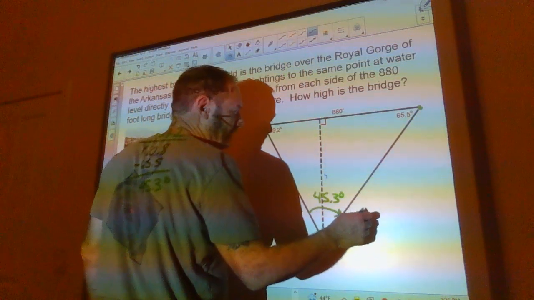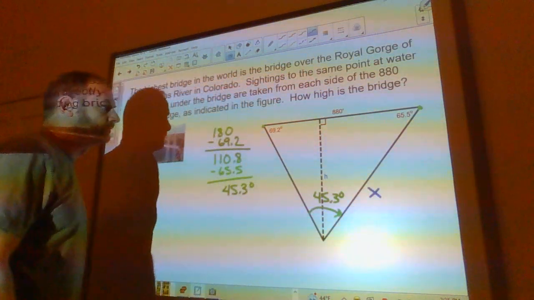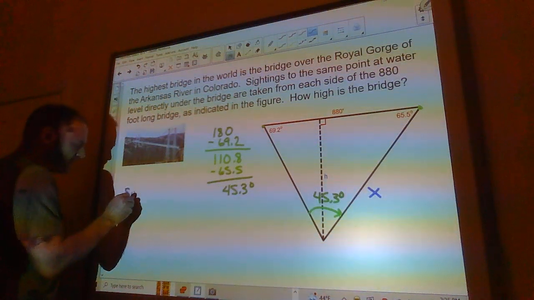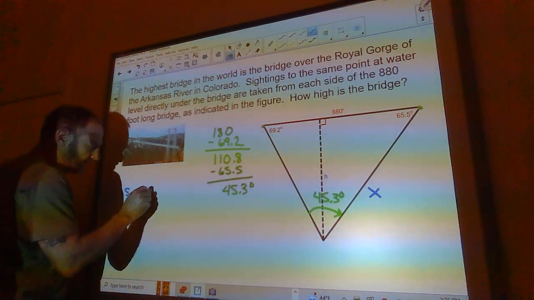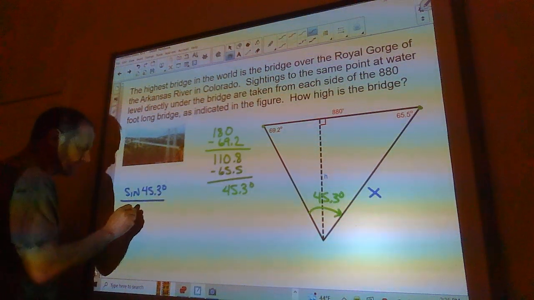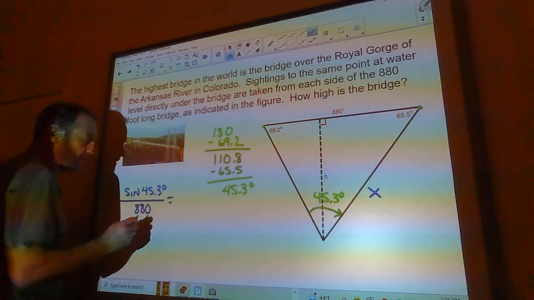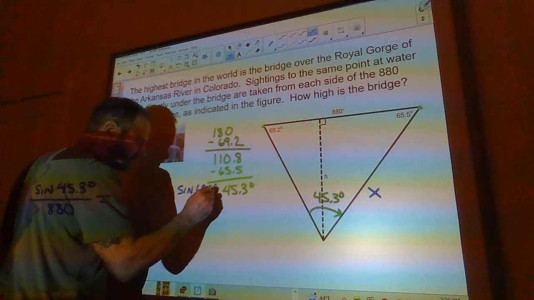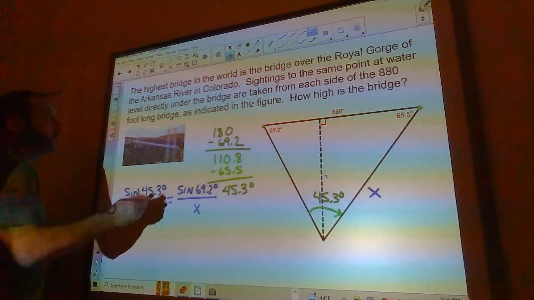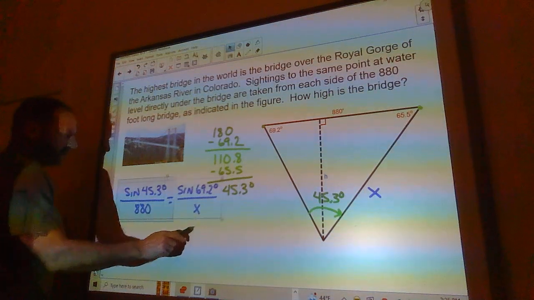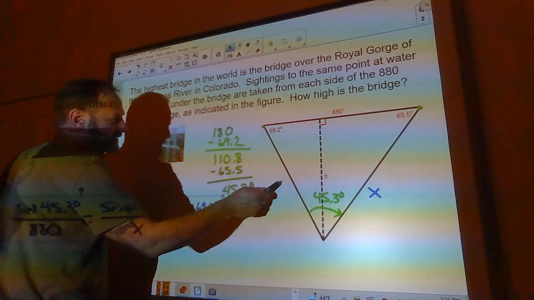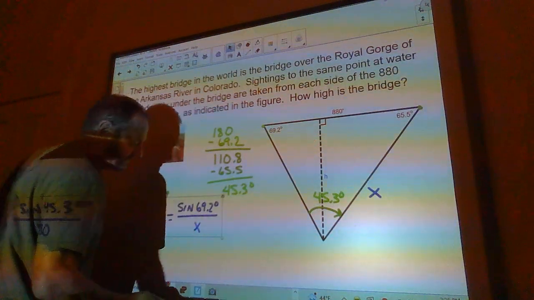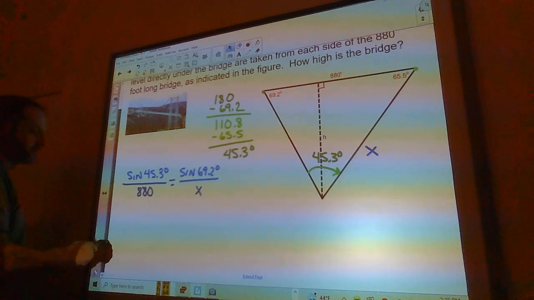So if I call this x right here, then I know that the sine of 45.3 over 880 is going to equal the sine of 69.2 degrees over x. Now, I could have done this finding this side over here, and the only difference would be this wouldn't be 69.2, it'd be 65.5. I'm going to end up with the same answer regardless.